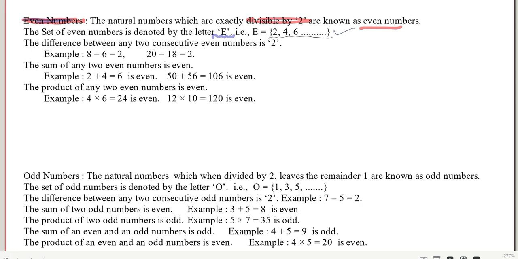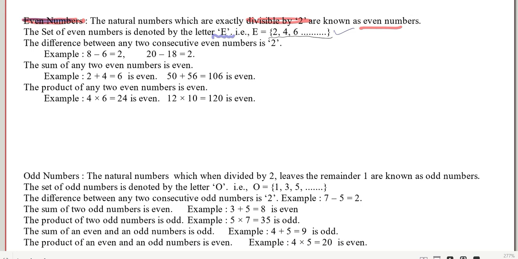This property plays a very important role while solving problems, especially from quadratic equations and some word problems. Whenever they use consecutive even numbers, you need to make use of this concept: the difference between two consecutive even numbers is always 2. Consecutive even numbers mean what?